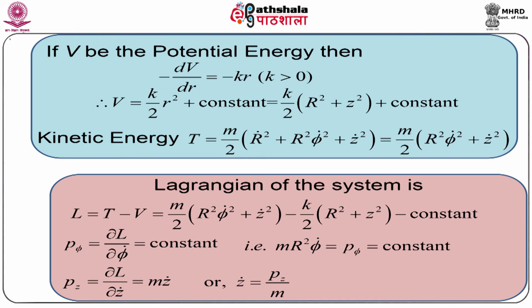Thus, we have phi dot equal to p phi divided by small m into capital R square. Similarly, we have pz equal to del capital L del z dot equal to m into z dot, or z dot equal to pz divided by m.